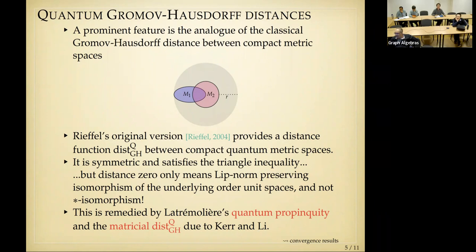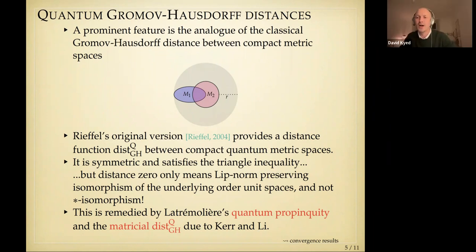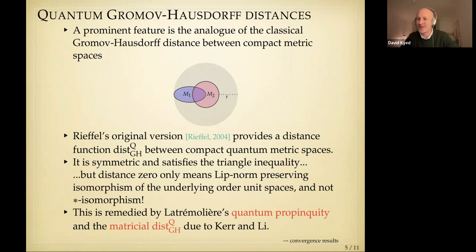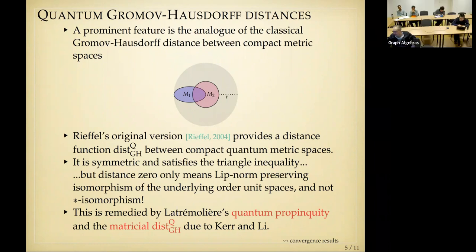In social psychology, propinquity is one of the main factors leading to interpersonal attraction. Oh, that sounds really cool. So we have spaces that are interpersonally attracted to each other. I can't take any credit for that. It's all due to Frédéric. But it does sound poetic. Yeah, very French.